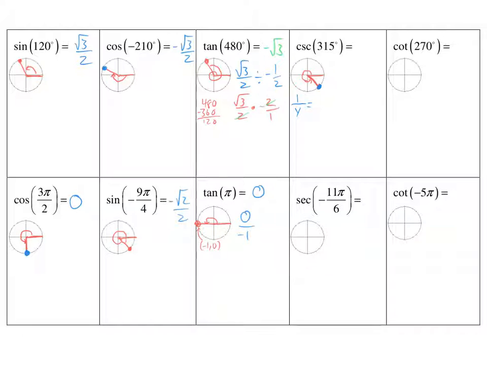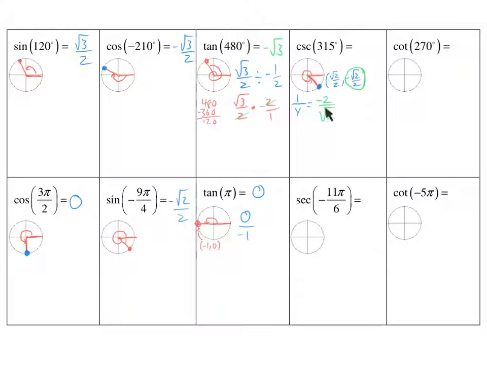Well, that coordinate right there is square root 2 over 2, comma, negative square root 2 over 2. So that's the coordinate. And don't I want the y value flipped? So if I flip that y value, what I'm going to have is negative 2 over the square root of 2.